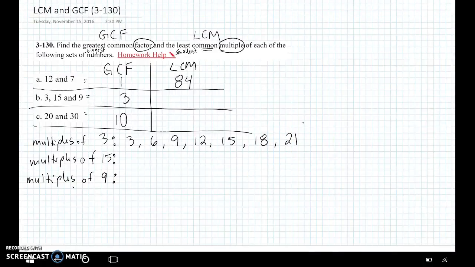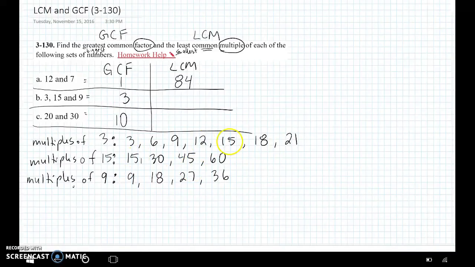So let's do multiples of 15: 15, 30, 45, 60. And let's count by 9. So we've got 9, 18, 27, 36. Do I see any in common so far?